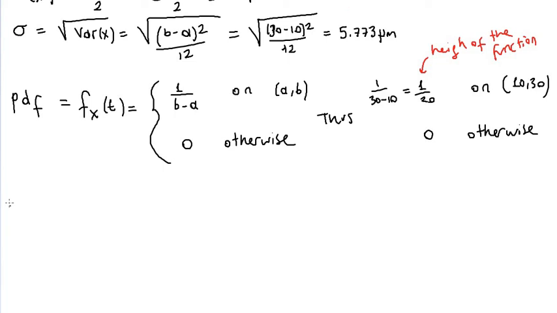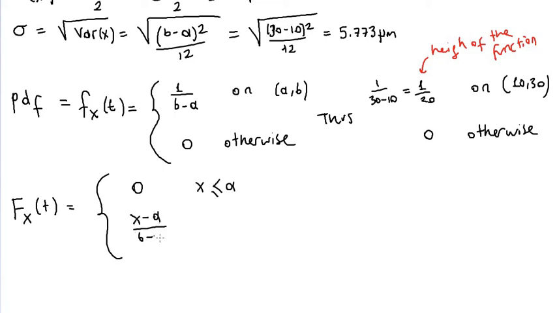Now let's go to the cumulative distribution function, capital F of x. Let's use the variable t. The cumulative distribution function will be 0 if x is less than the lower boundary a. It will be x minus a over b minus a, which we derived in part 1 of this video, on the interval, and it is 1 if x is greater than the upper boundary b.